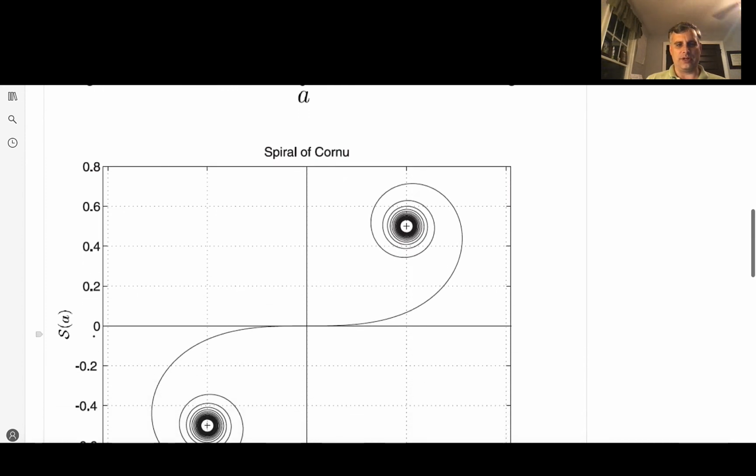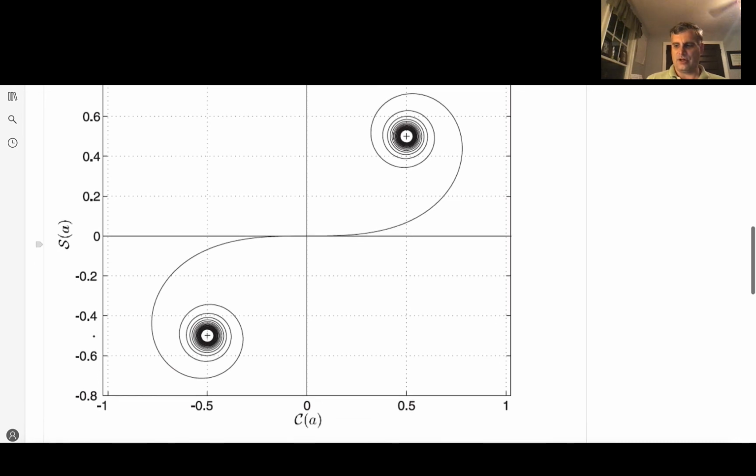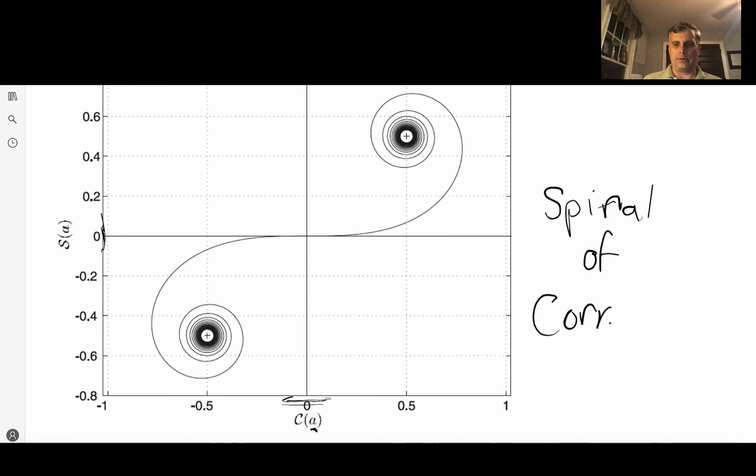Now, as a side note, when you plot these integrals parametrically, with the cosine integral on the horizontal axis and the sine integral on the vertical axis, and you let the parameter vary as the cosine and sine trace coordinates on a Cartesian graph, you get a very famous structure called the spiral of Cornu.